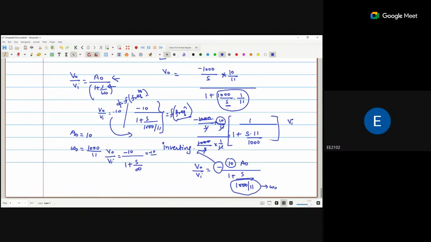So you can see the bandwidth is infinite for ideal. Clear? Any doubt? No, sir. Okay.